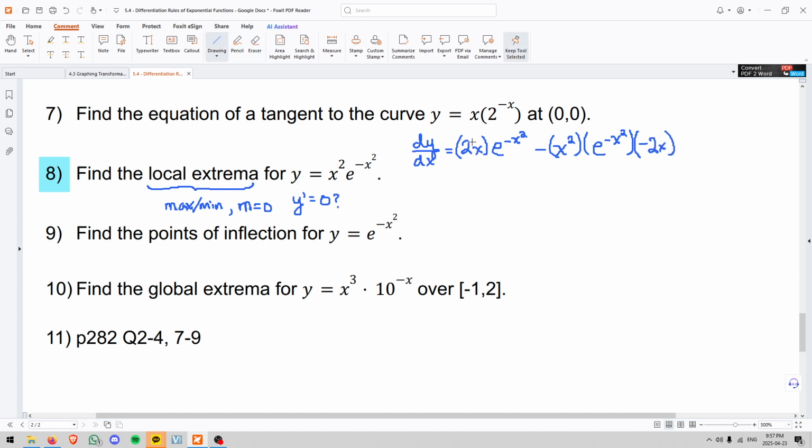And that is also wrong. It's supposed to be a plus. That's my bad. For some reason, I kept thinking quotient rule. But there it is. And I need to know when this is equal to a 0.